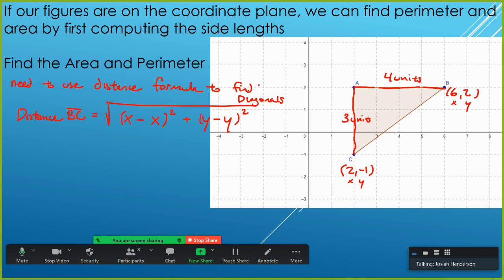So x minus x, 2 minus 6. Y minus y: do it in the same order that you started your x's. Since I started with the 2 from 2, -1, I'm going to start my y's with the -1. So -1 minus 2 from 6, 2. These are the two y's being subtracted.